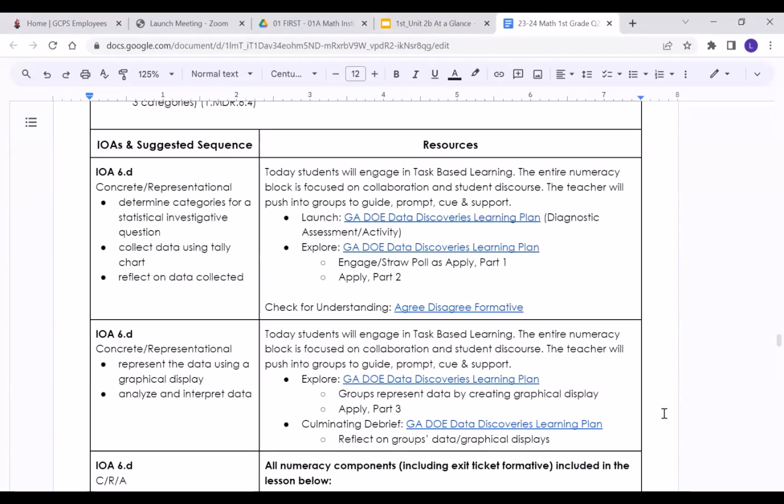Students will begin with a Georgia DOE task-based learning plan that has been paced over the course of 2 days, where students will engage in the full process. They will determine categories for a statistical investigative question, collect data using a tally chart, represent the data in a graphical display, and analyze and interpret the data.